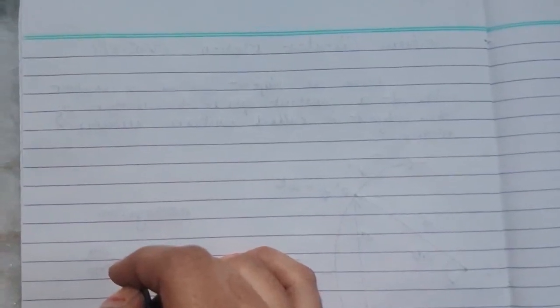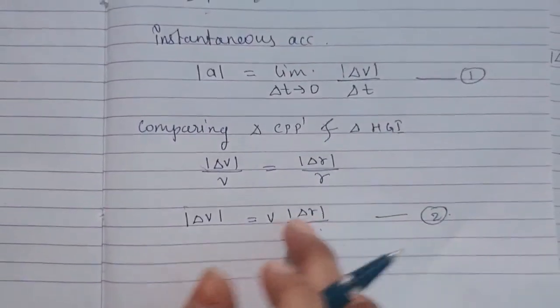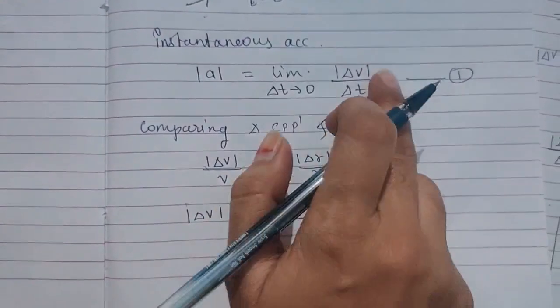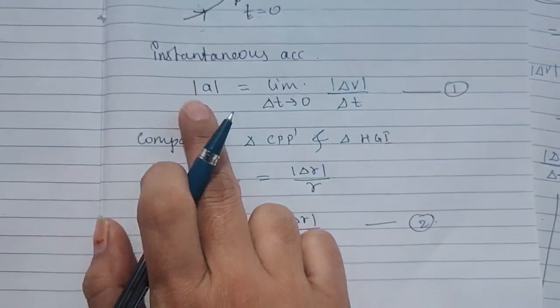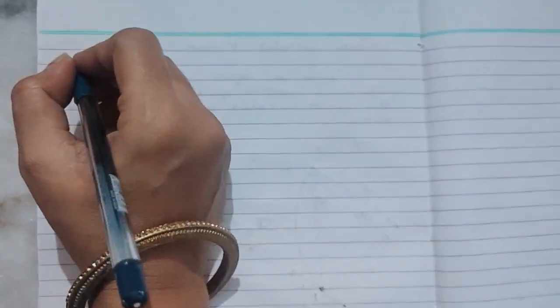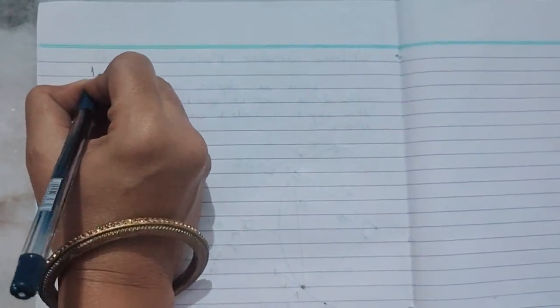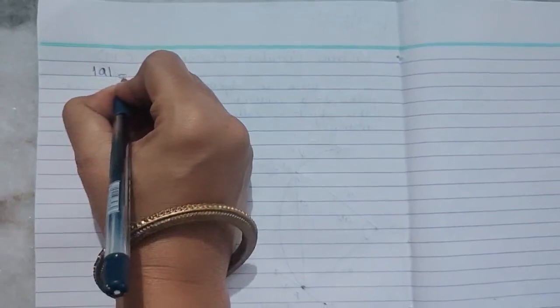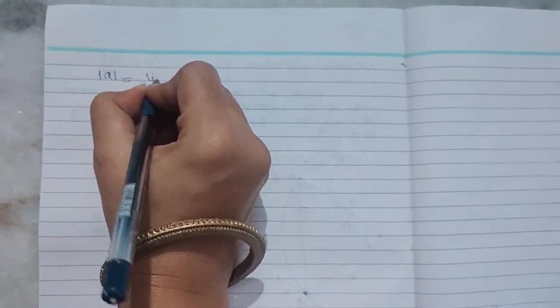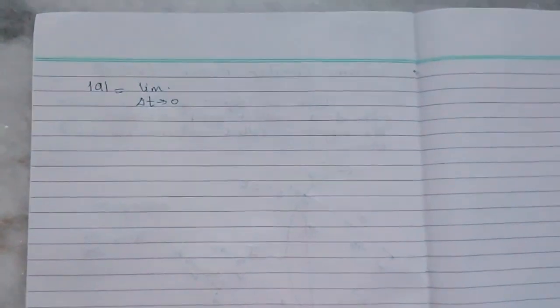So what we have, delta V we got in the second equation. So from this second equation we can put the value of delta V in this instantaneous acceleration. So let us do that. When we substitute the value, how can we write it? We can write this instantaneous acceleration as equal to limit of delta t tends to 0.